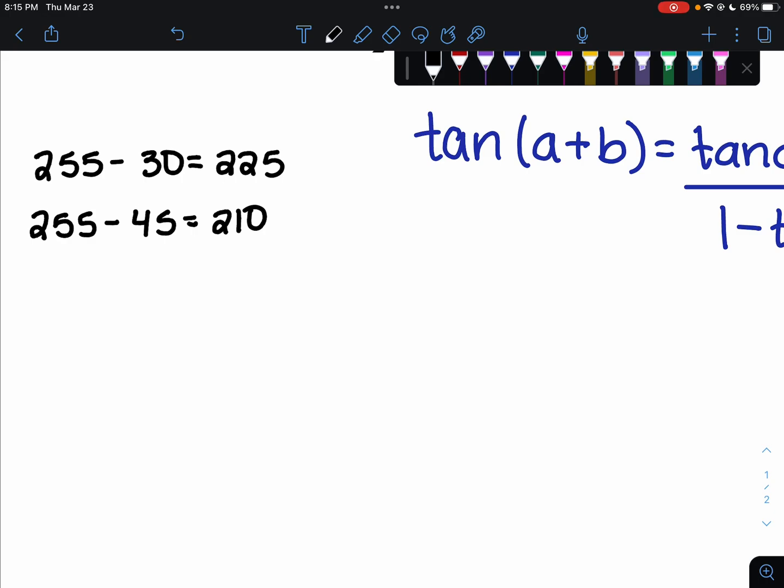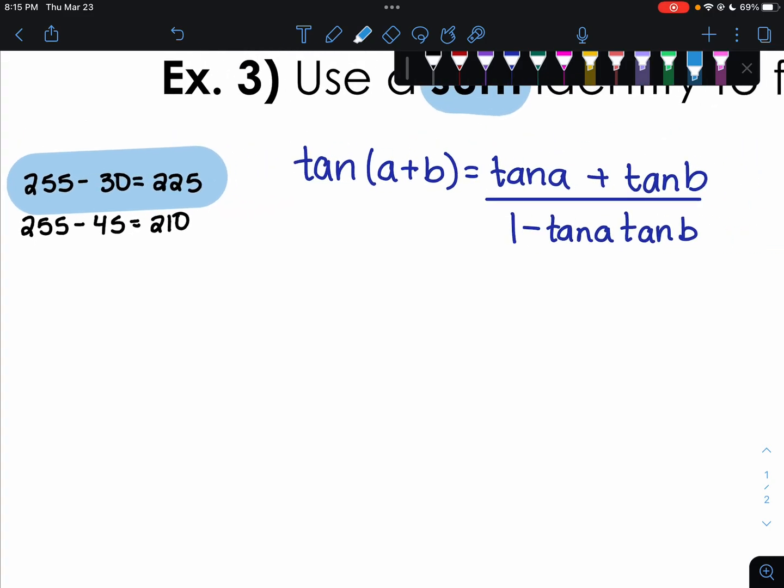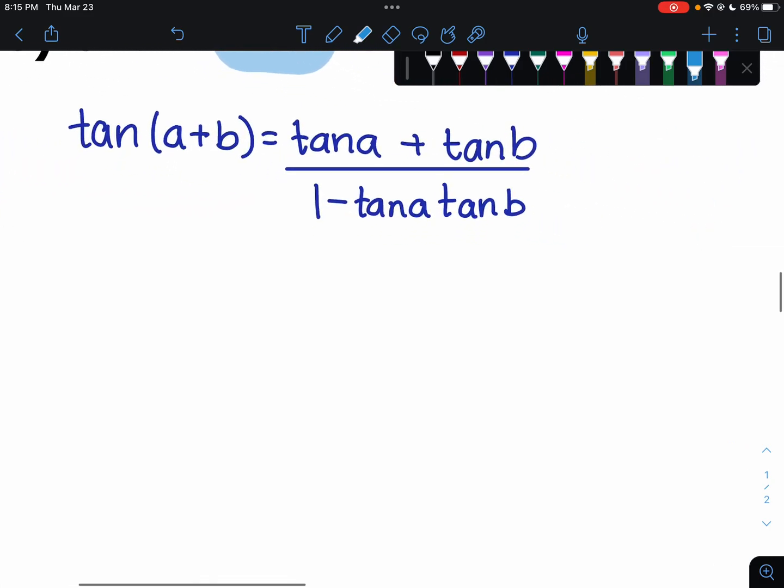So again, you get to decide which ones you want to use. For the sake of the video, I'm just going to stick with the first one that I came up with. Again, the other one will get us the exact same answer, I promise. Now, what we're going to start with is plugging this in.